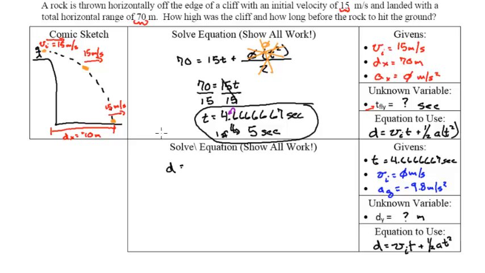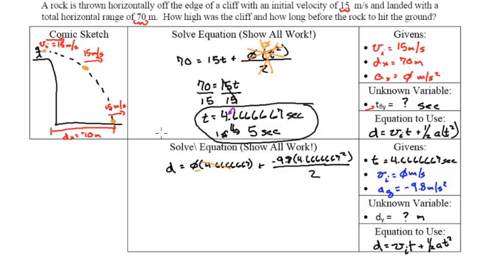I don't know what distance is, but I do know that velocity initial is 0 times 4.66666667 plus the quantity negative 9.8 times 4.666667 squared over 2.